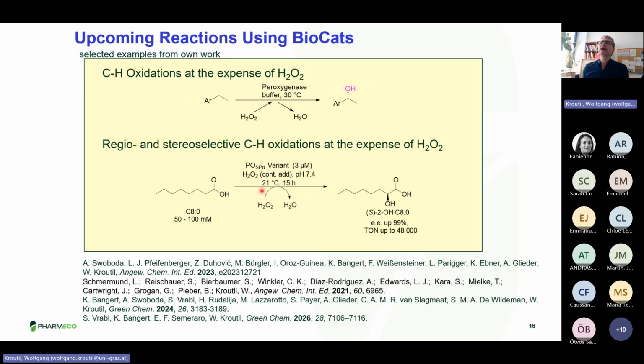I think at the moment there are quite some interesting reactions coming up from the area of biocatalysis. One is definitely CH oxidation. For the oxidation of a CH to the corresponding alcohol, P450 enzymes have been long known, but they are more complicated to handle due to a rather sophisticated electron transfer chain.